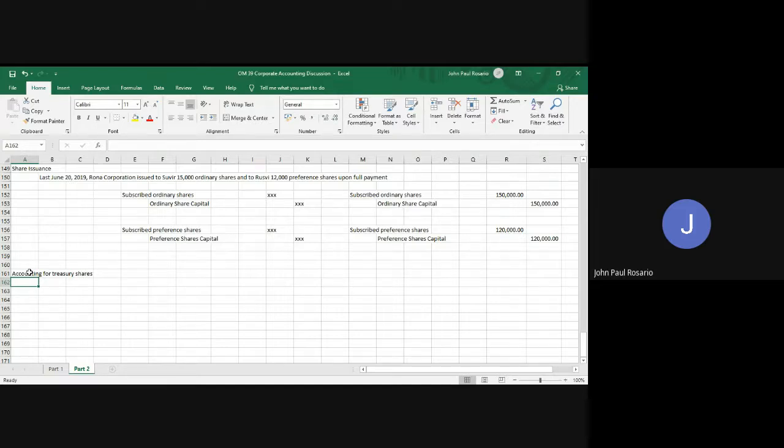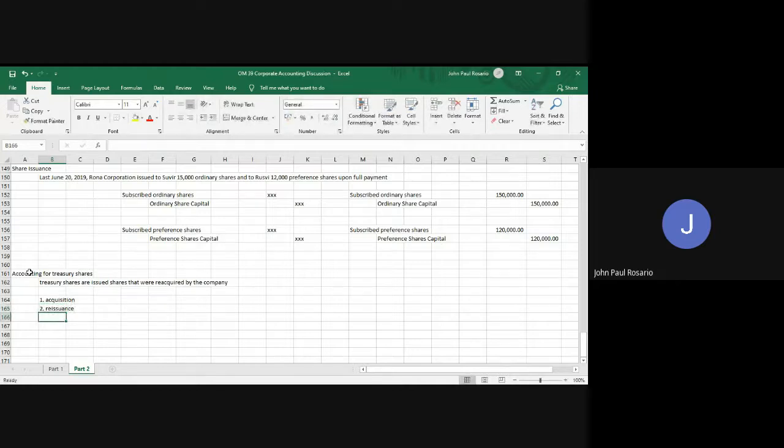So again, for accounting for treasury shares, treasury shares are issued shares that were reacquired by the company. So for treasury shares na red transaction, acquisition o reissuance. Acquisition and then the issuance.